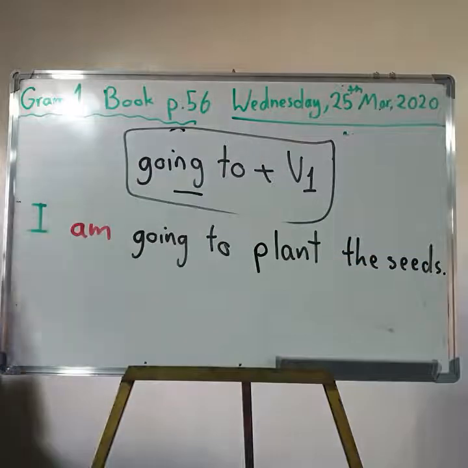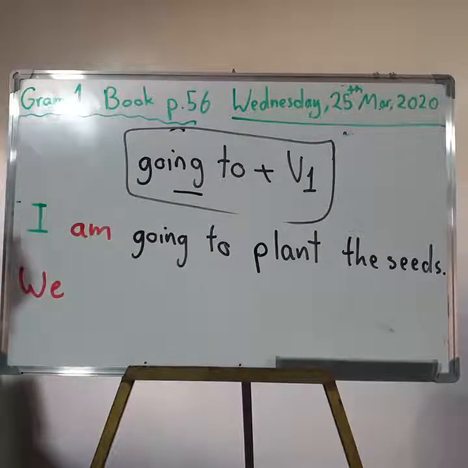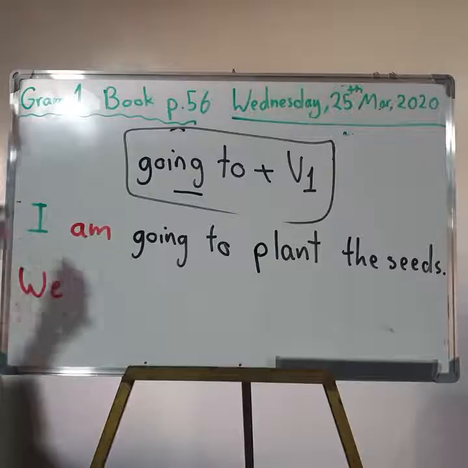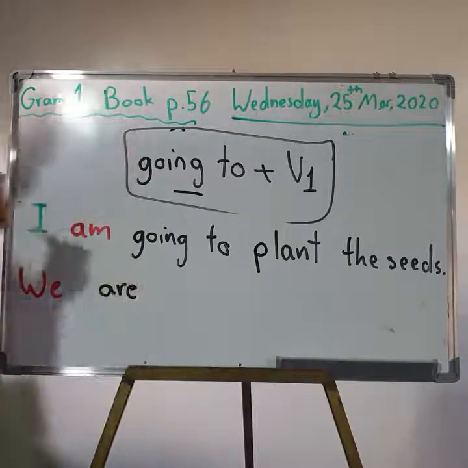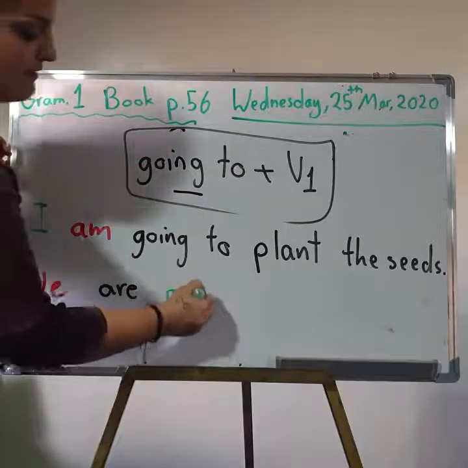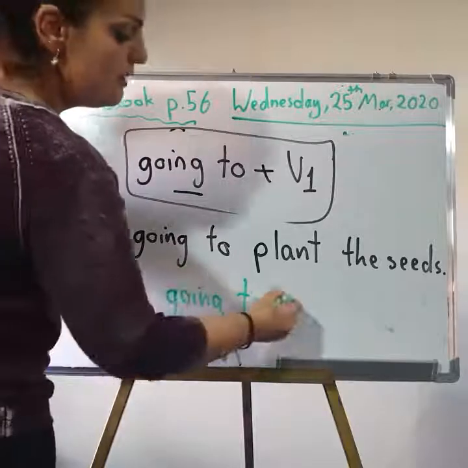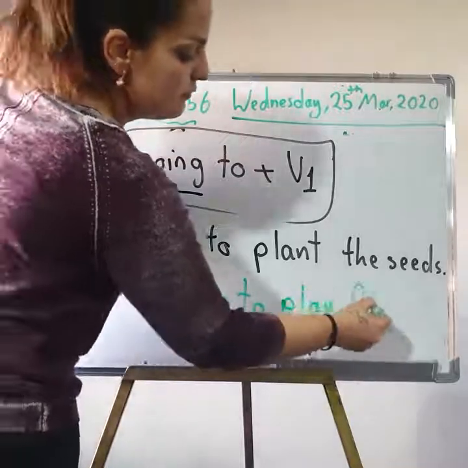Or I can say we. We is the subject. What helping verb do I use with this subject? I use are. And then I put going to as it is. We are going to play football.